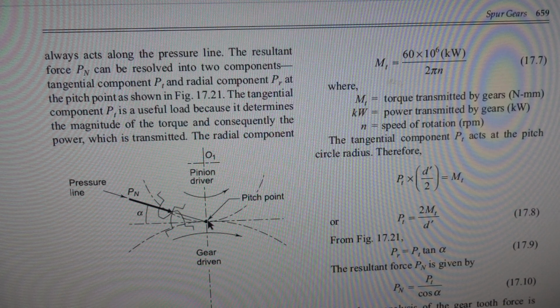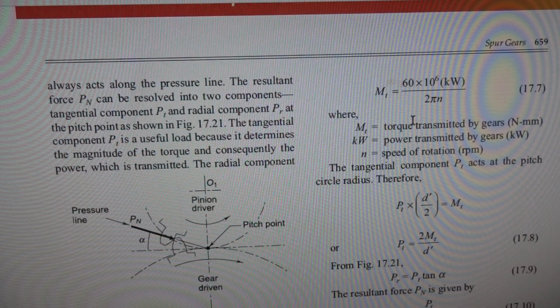So how can we find the normal and tangent components? The normal force is known as the radial force. First, the power should be given to get this. Suppose kW is the power transmitted by the pinion to the gear, in kilowatts.